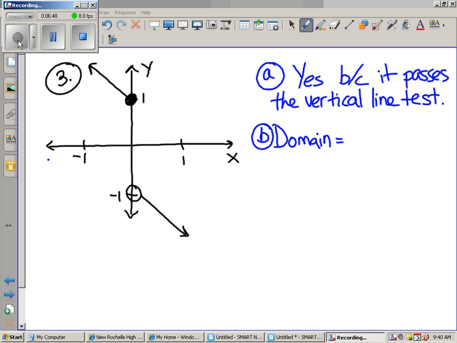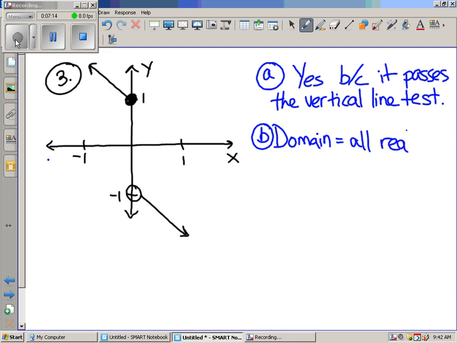Again. Okay, so we're talking about domain. Domain are all the x inputs, and we had a big long discussion about this. The domain of this graph are all the real numbers. All right, so we had some technical difficulties. The domain is, for this particular graph, all the real numbers, because you can literally sweep your hand through from left to right, and nothing stops it.